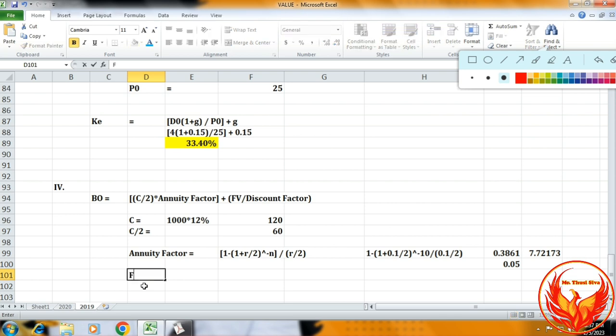The FB, face value, equals 1000 rupees, which is given in the question.